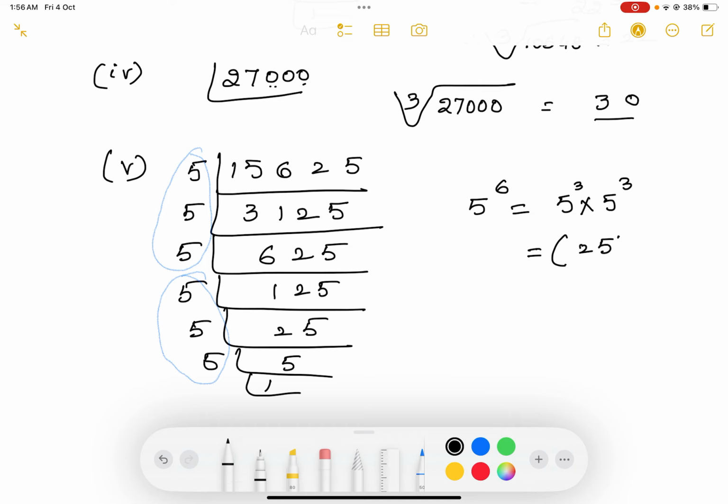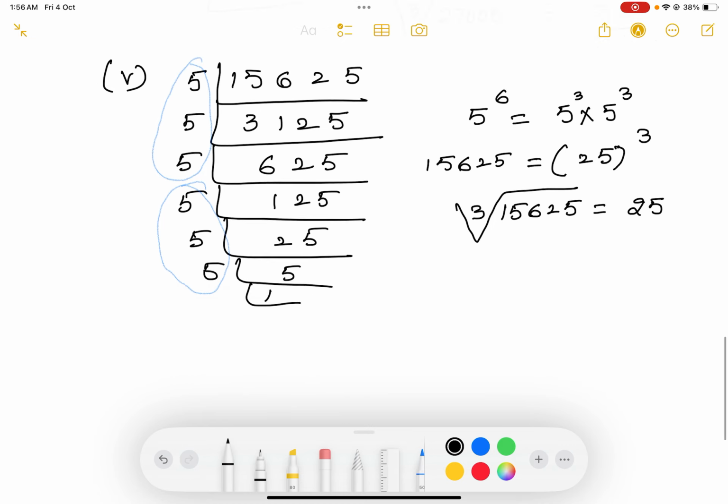So this is the clear picture about 15625. And therefore, what is the cube root of 15,625? Cube root is 25. I hope it's very much clear.